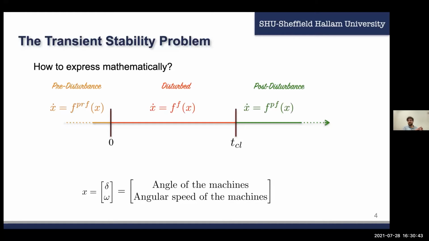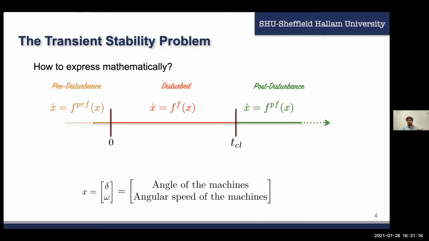We have a pre-disturbance system, which is working and stable, and a disturbed system where we apply a disturbance that lasts for a time we call the clearing time. From the electrical engineering side, we call this a fault. We put the clearing time here as TCL. Then we have the post-disturbance system.